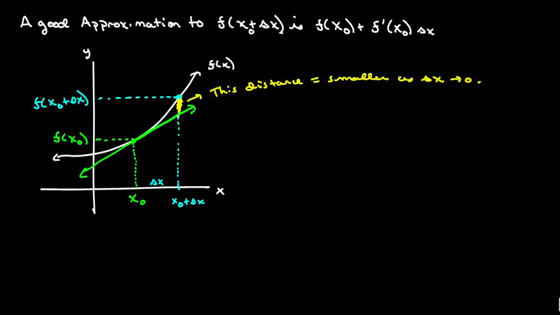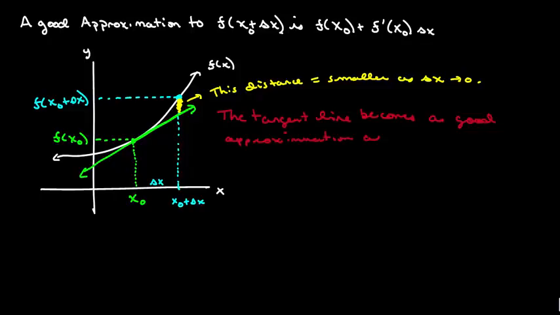So the tangent line becomes a good approximation to the actual function, and only with small delta x's.